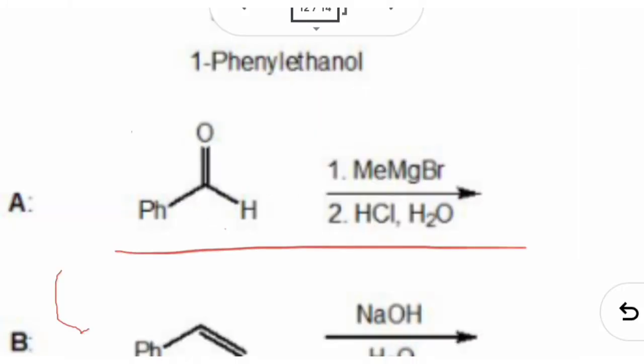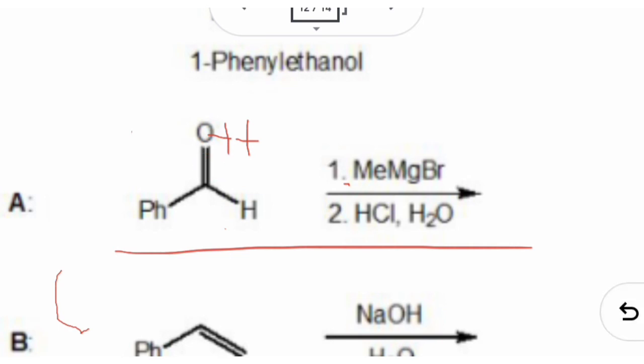So this first reaction, reaction A, is nothing but the addition of Grignard reagents to the carbonyl group. So when you react an aldehyde with Grignard reagents, this Grignard reagent is going to add itself to the carbonyl group. So this oxygen from the carbonyl group is going to be converted into an alcohol. So hydrogen is going to be introduced to this oxygen. Then this double bond that you see is going to break.